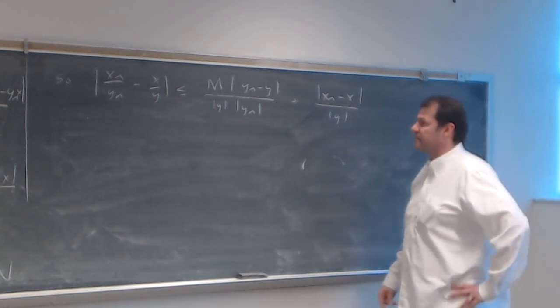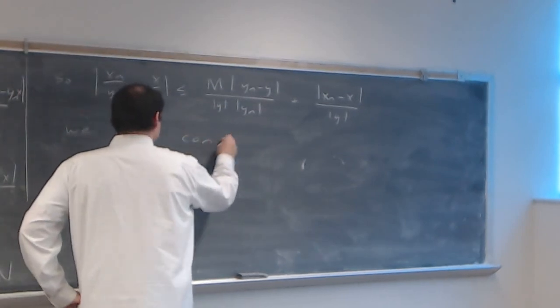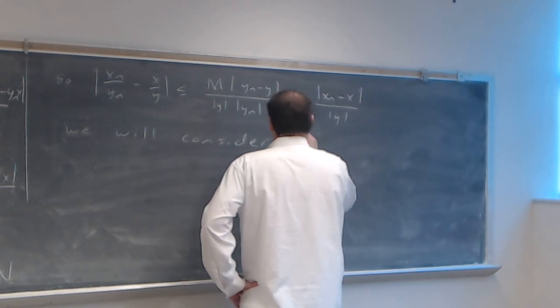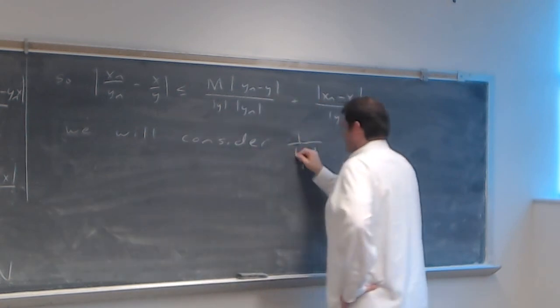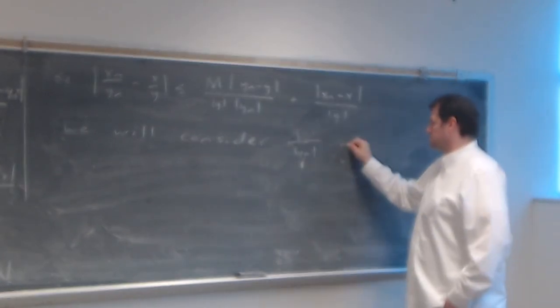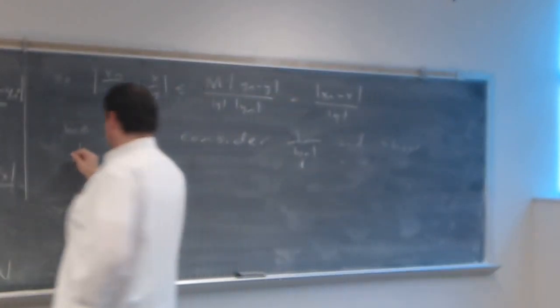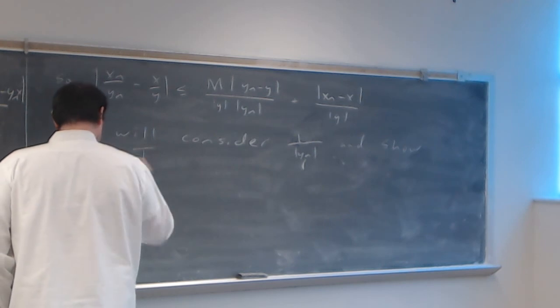So the next thing that I want to consider is 1 over the absolute value of y sub n, and show that it is less than some t.